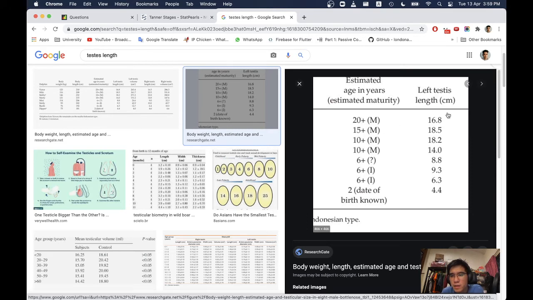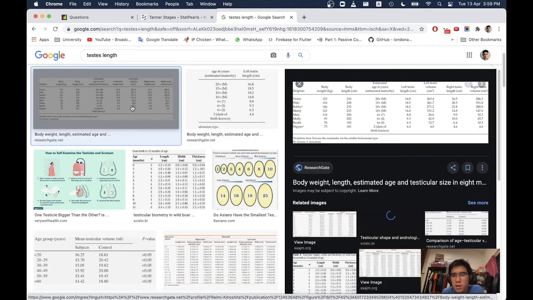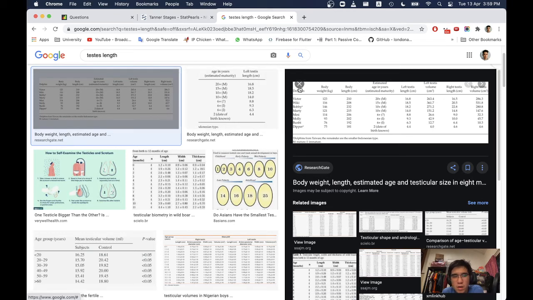Left testis length 16 cm. What the heck is going on?